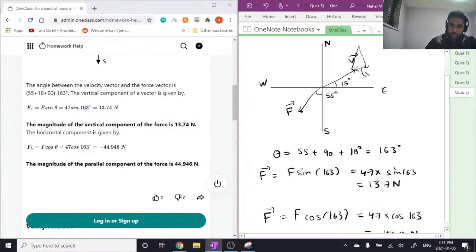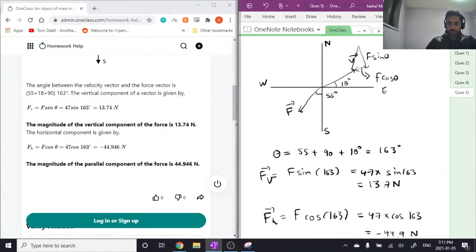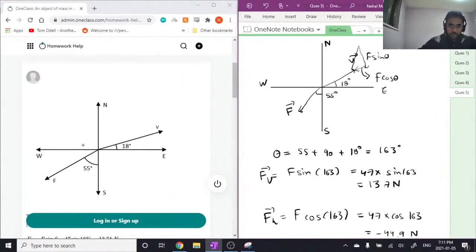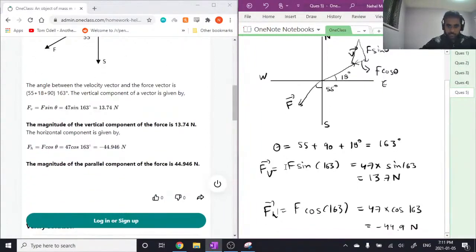So this component here is your cos theta, and this component here is your sin theta. So this is the vertical component, and this is the horizontal component. Okay. So again, that's the diagram of this question. You can append this to here to better visualize what it would look like, and then use that to get the angle. You get the same angle, and then use that to resolve the forces like we've done here. So the answers are correct in this case.